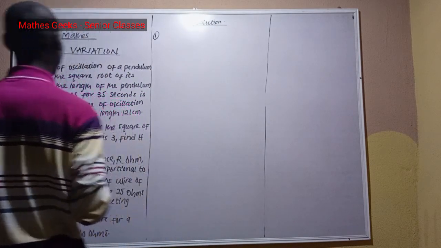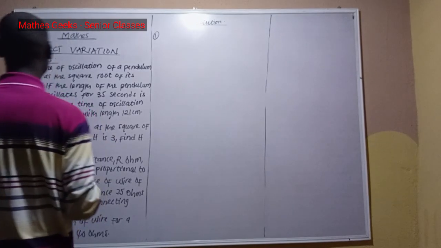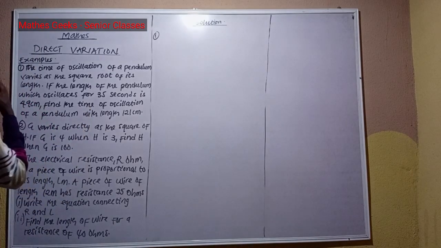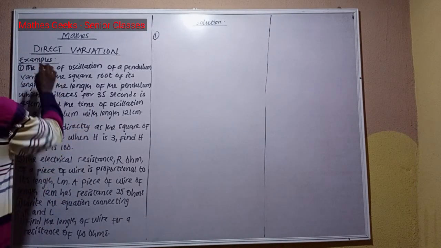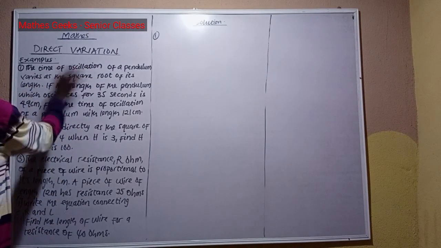The time of oscillation of a pendulum varies as the square root of its length. So let's take note, the two quantities that are varying here are the time of oscillation and the length of the pendulum.